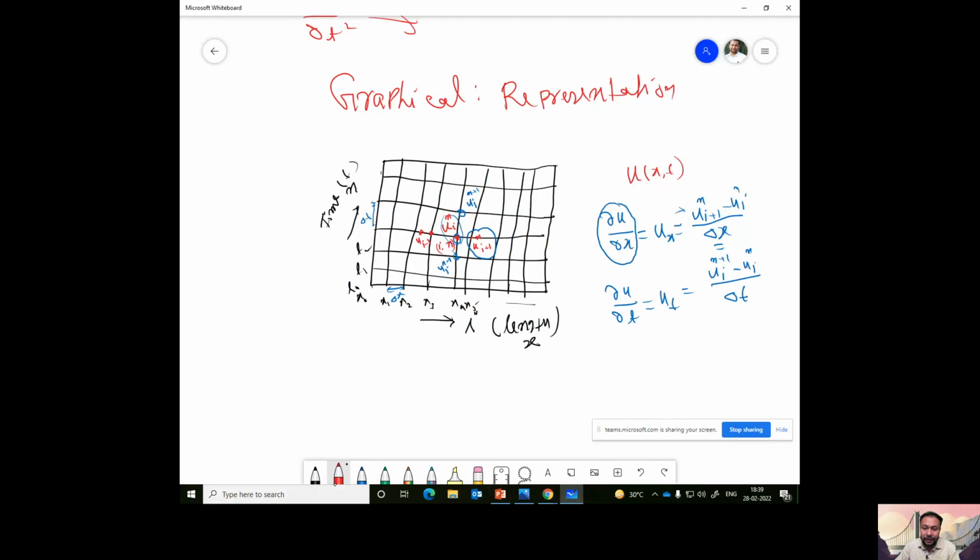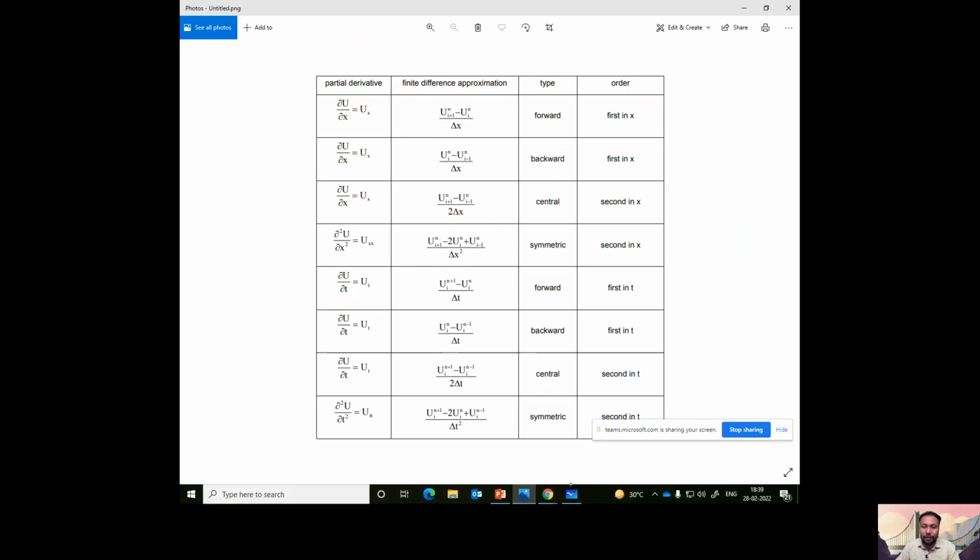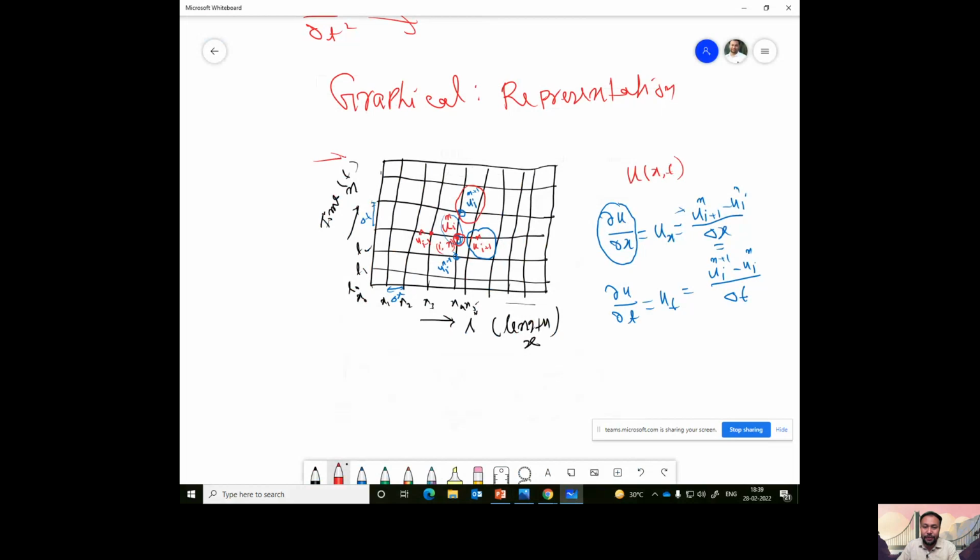We can calculate it from this point minus this point, divided by delta t. Similarly, we can calculate the value of this, this, and this. All the values can be calculated by taking the simple example of this graphical representation.